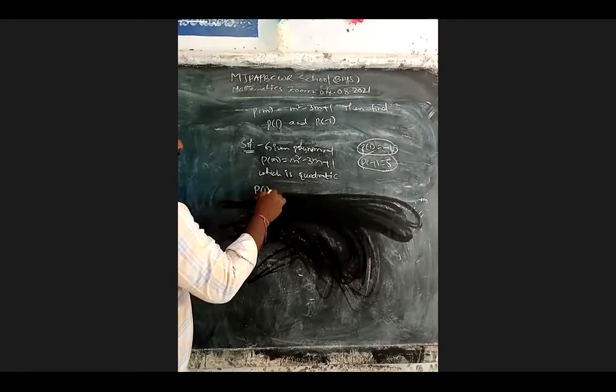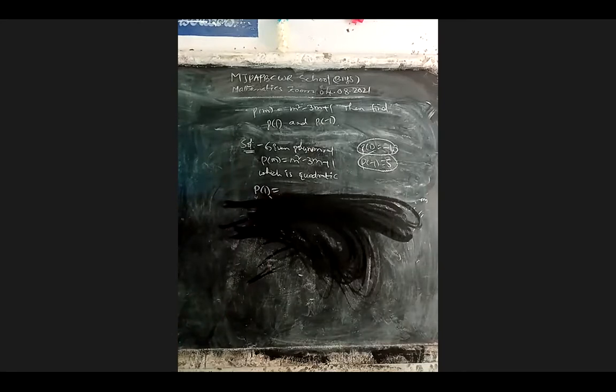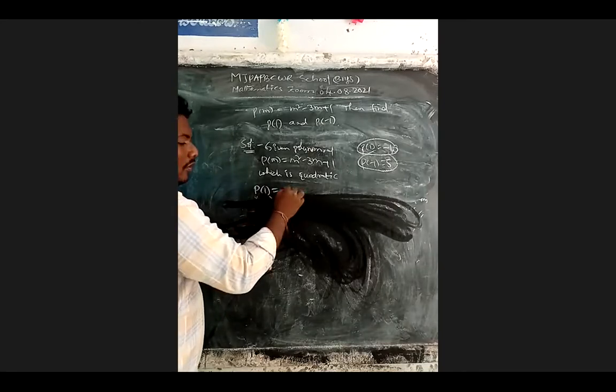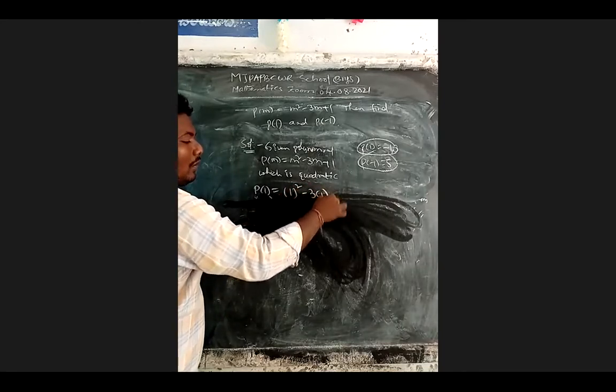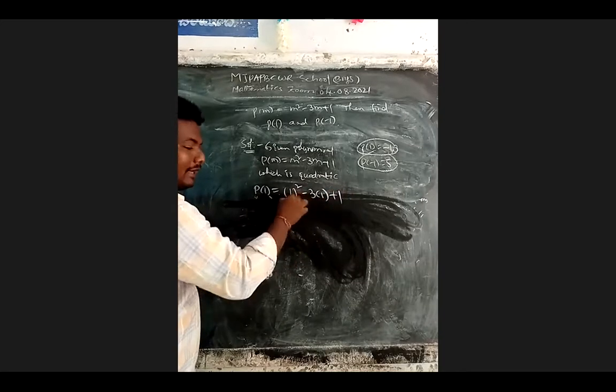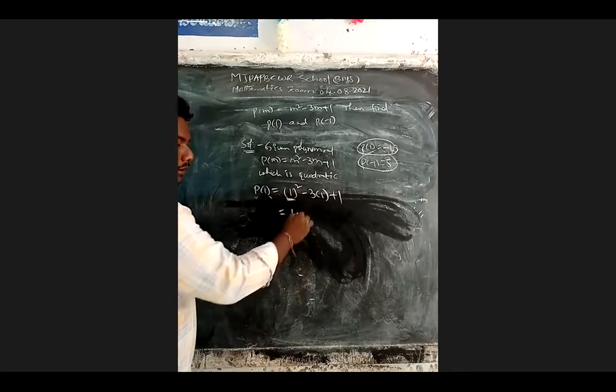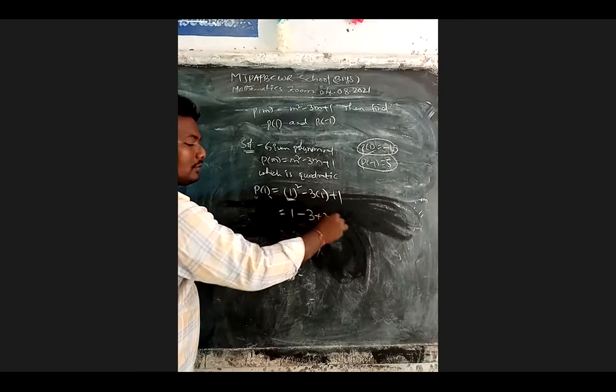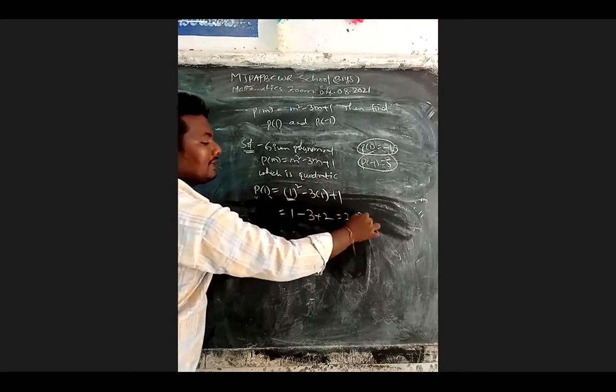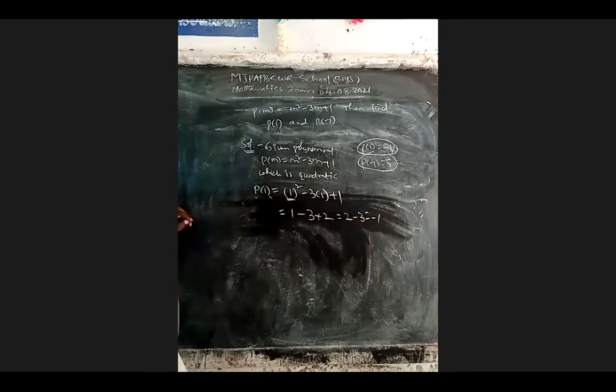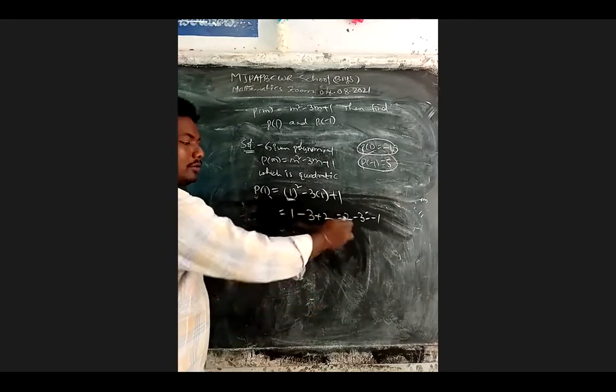P of 1 equals, now you can substitute the m value equals 1. P of 1 equals 1 square minus 3 into 1 plus 1. 1 square is 1. 3 into 1 is 3. Plus 1, which is 2 minus 3 equals minus 1. 3 is a wrong answer. So P of 1 equals minus 1.